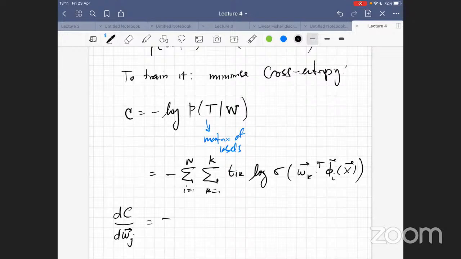Let me just write that one line and then the result: the sum over k of t_ik times 1 over y. I am just now differentiating the log and applying the chain rule.